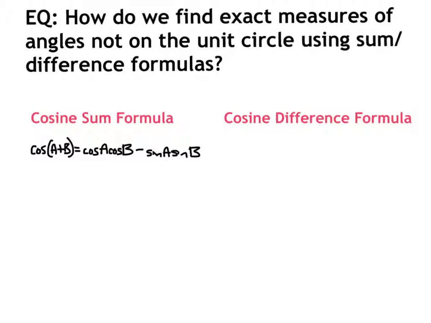The cosine of angle A minus B is equal to the cosine of A times the cosine of angle B. And for the difference formula, we actually add these, plus the sine of A times the sine of B.